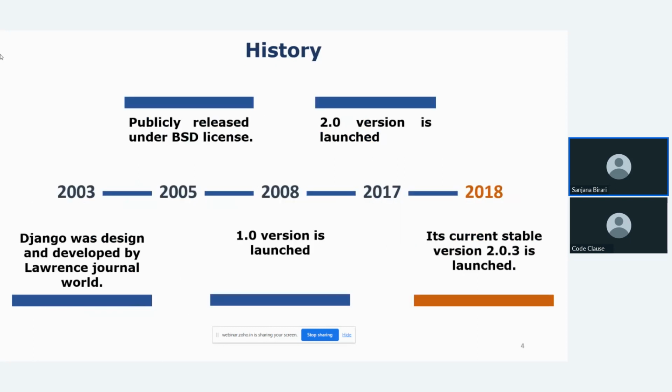So this is a little bit of history of when Django was published and released. You can see here, it was designed and developed by Lawrence Journal-World, and its current stable version is 2.0.3, which was released in 2018.